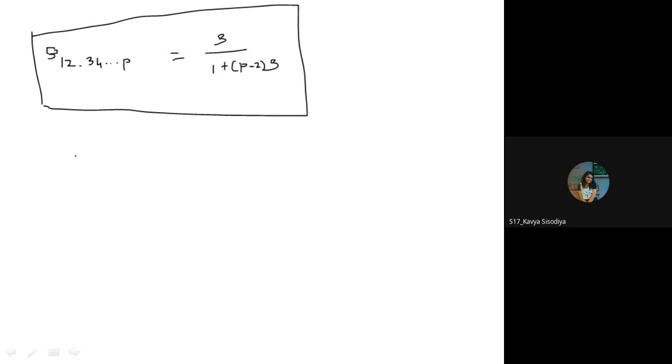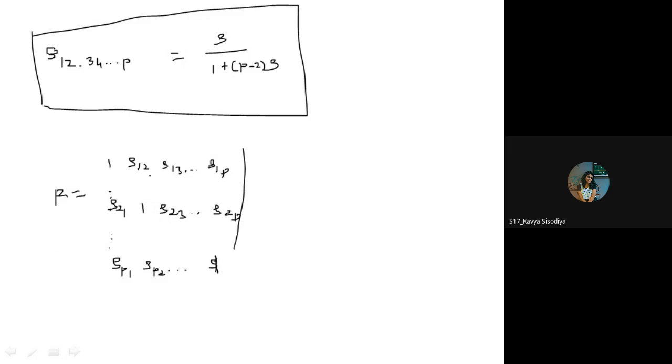Or you can also try to obtain this. What is the correlation matrix? It is 1, rho 1 2, rho 1 3, up to rho 1 p; rho 2 1, 1, rho 2 3, up to rho 2 p; up to rho p 1, rho p 2, up to 1.